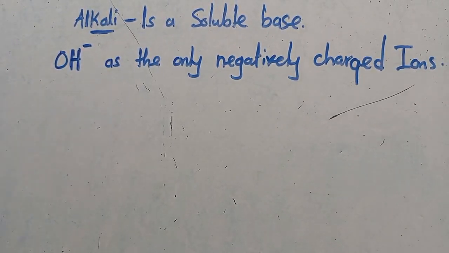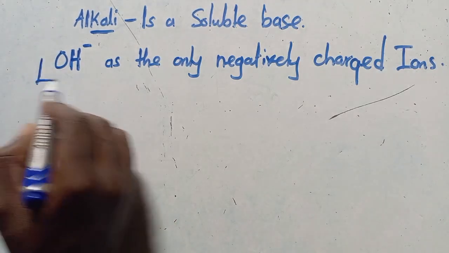So we are saying that an alkali is a soluble base, and you know that a base is just a substance which is an oxide or hydroxide of a metal, or it is a proton acceptor. I've told you that an alkali is a substance which, when dissolved in water, is going to produce a hydroxide ion.